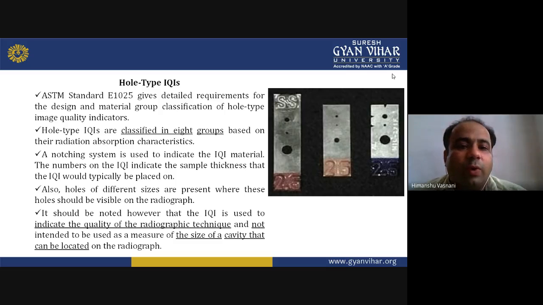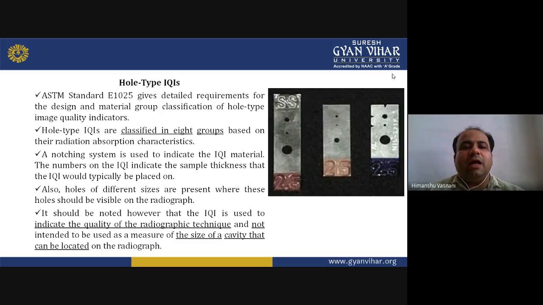The number on the IQI indicates the thickness that the IQI would typically be placed on. Also, holes of different sizes are present, and these holes should be visible on the radiograph.